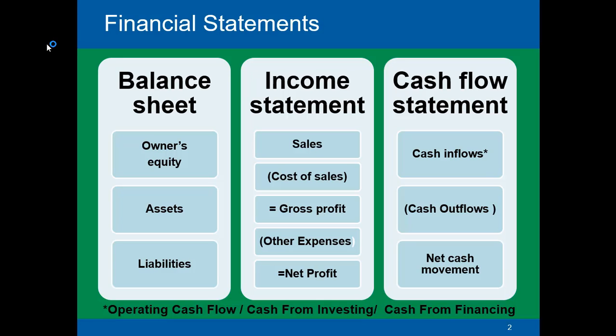That means the sales represent either sales in cash or on credit. Similarly, your expenses also represent expenses for which you have paid the money or they are still payable. When they are payable, it will represent a liability in the balance sheet. So the net profit, which is ultimately given by the income statement, is on accrual concept.